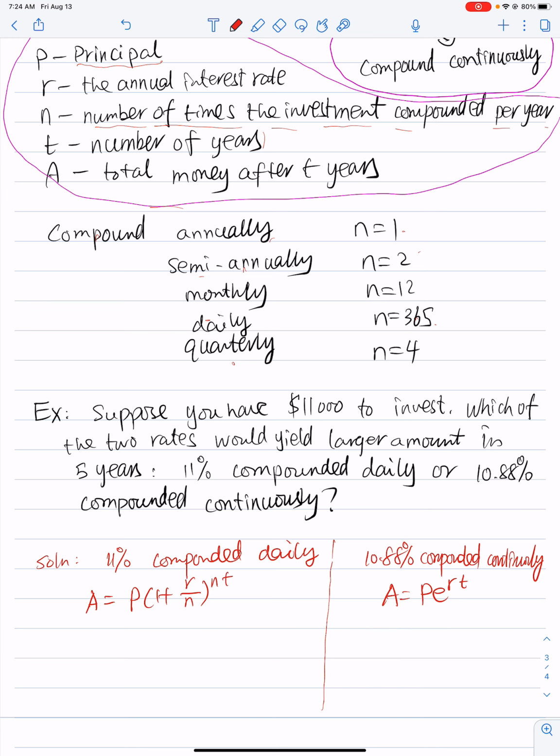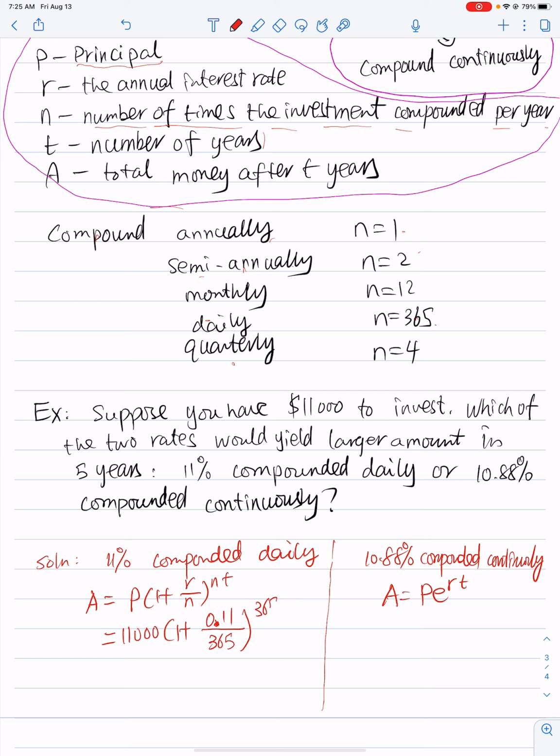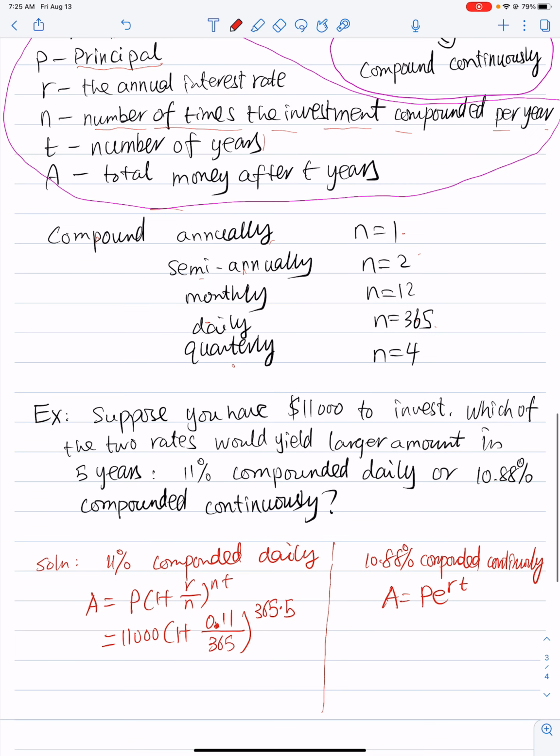Okay, so let's find the values. What is your P here? It is 11,000. What is r? 11%. Be careful. 11% is what? 0.11. Okay, so n. What is your n here? 365, yeah? So 365 times what? 5. Yeah, so you get the number.